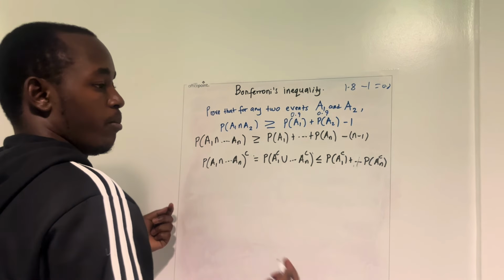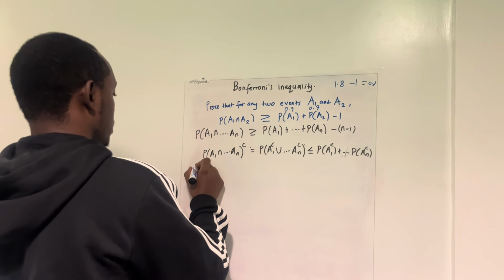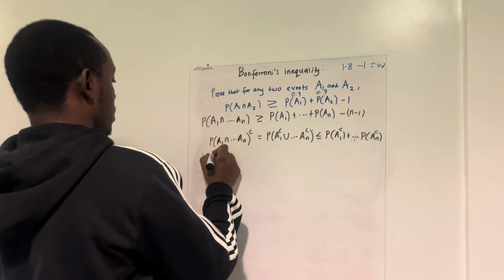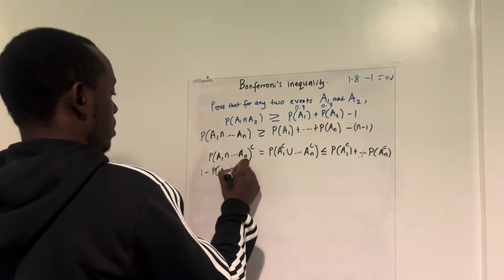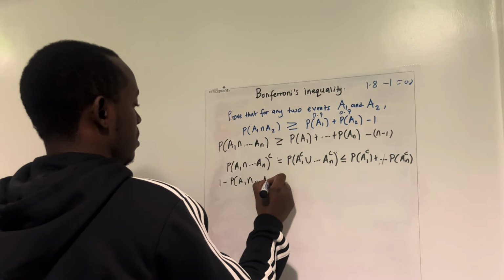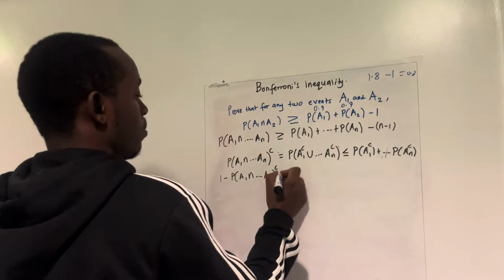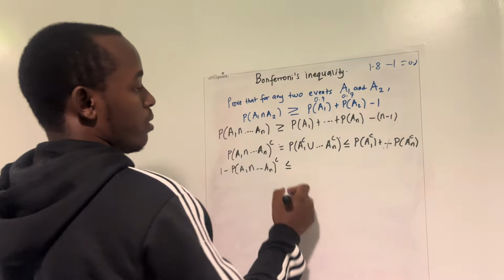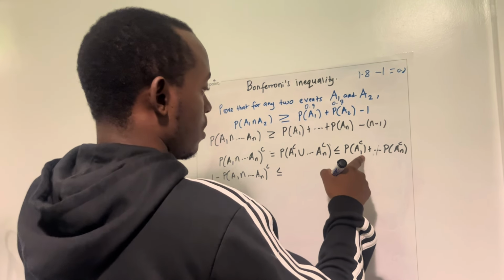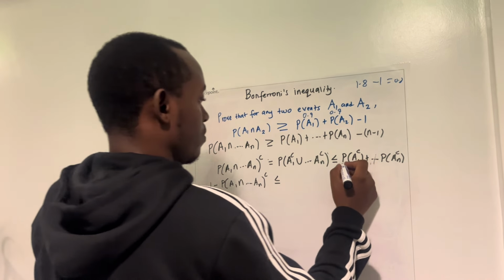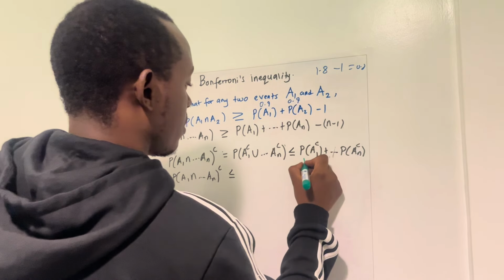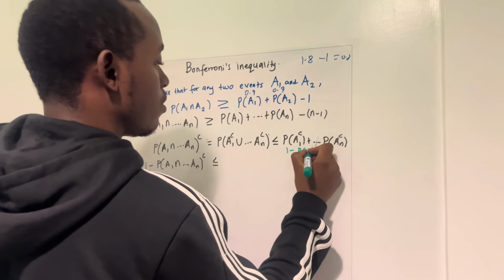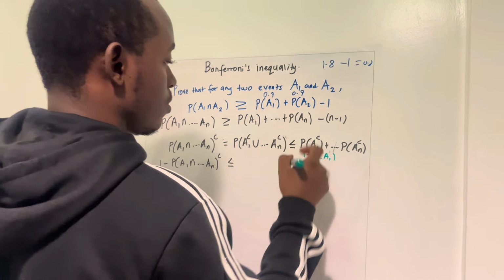So by the same procedure, this is 1 minus the probability of A1 intersection through An, less or equal to the sum, and you will notice that each of these is going to have something like 1 minus the probability of A1.